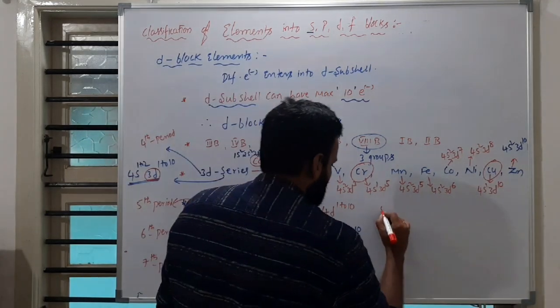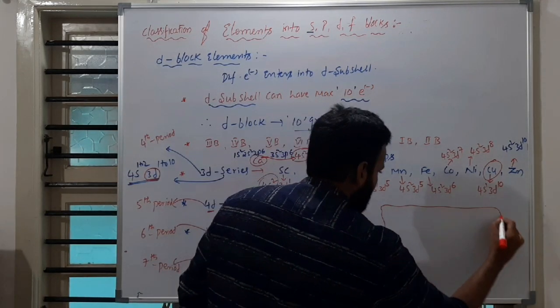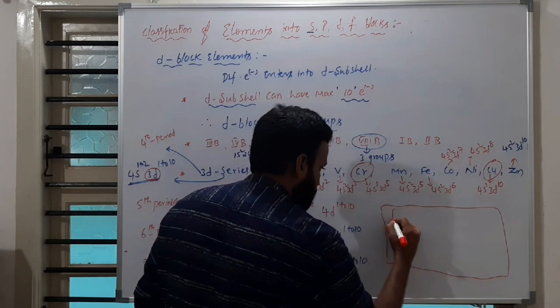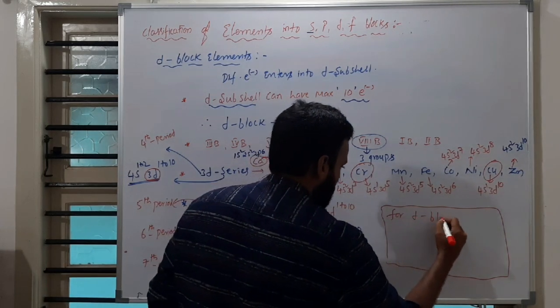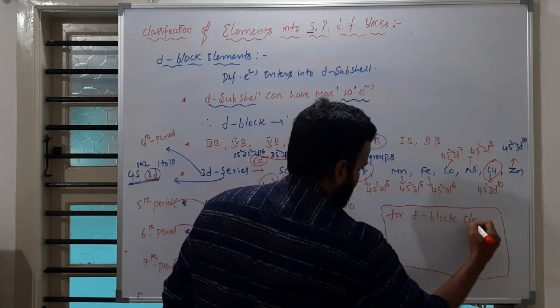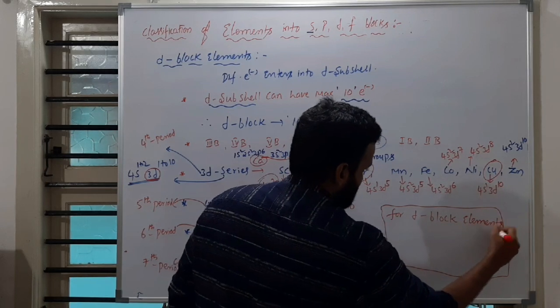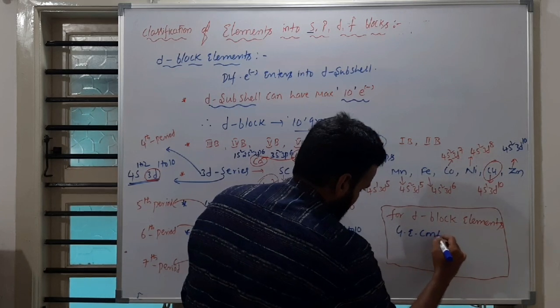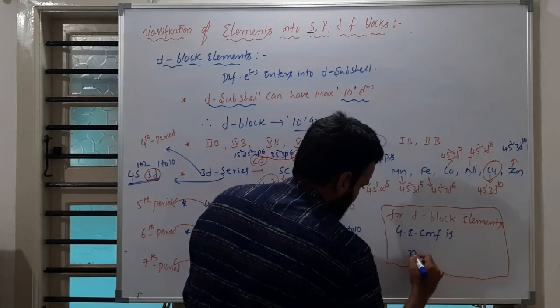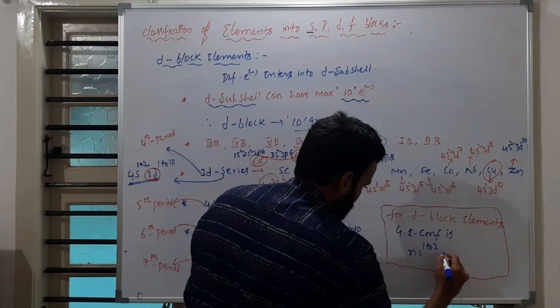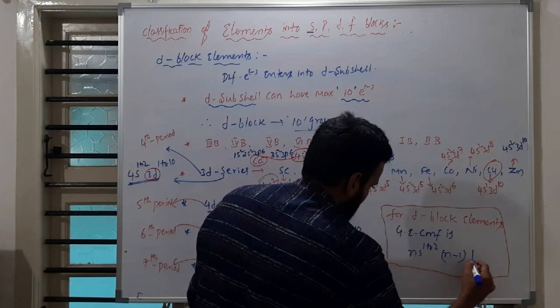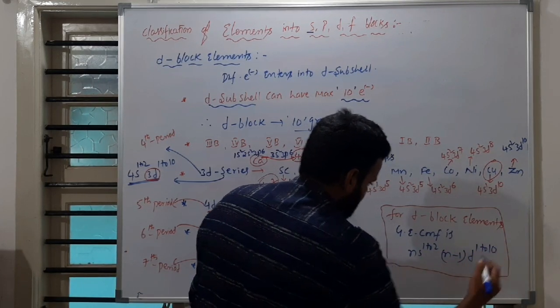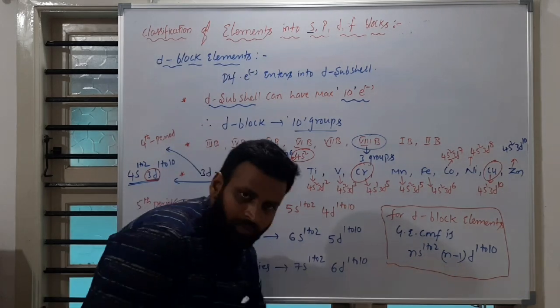So what is the general electronic configuration now for d block? For d block elements, the general electronic configuration is ns1 to 2, (n-1)d1 to 10. Why have I written n and n-1, understood?